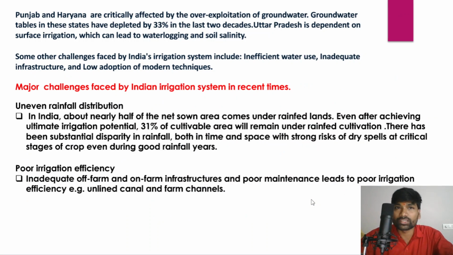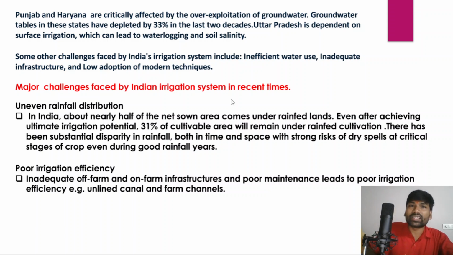So in the introduction, what you have to write, as I've told you, is some data about the Indian irrigation system. Irrigation is extensively practiced in states like Punjab and Haryana, because those are the states where agriculture is a predominant occupation of the people.